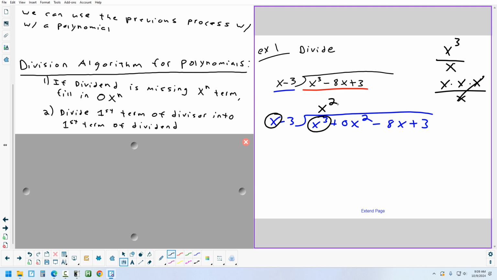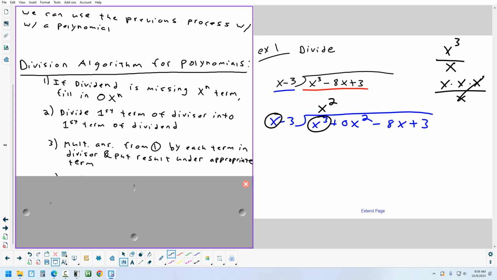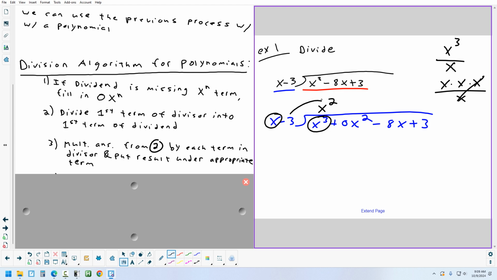Okay, so now the next step. We're going to take the answer that we just got in step 2, the x squared, and you're going to multiply that out to each term in the divisor. It's kind of like a distributive property, like that. So multiply the answer that we just got by each term in the divisor, and we want to make sure we put the answer in the right column. So if we get exponents of 3, those are the first column.